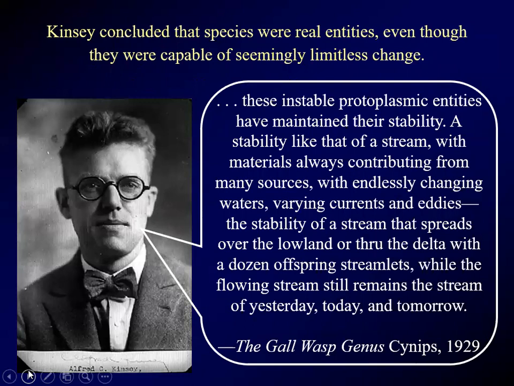He concluded that things could get fuzzy, but it was still useful to define species as real, and he compared it a lot to defining rivers and streams. Streams can flow together, streams can split. Sometimes if a stream flows into a marsh, it can be really arbitrary to figure out where the stream really is, if it's flowing through wetlands where you can't really define a single stream course.